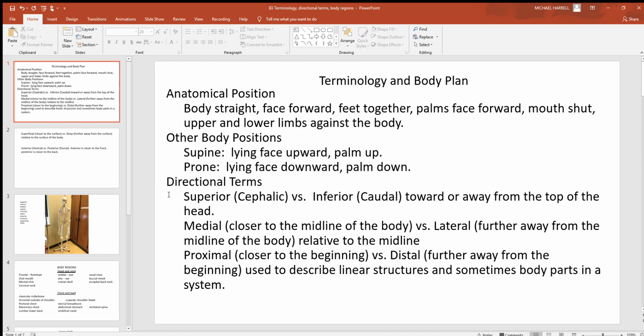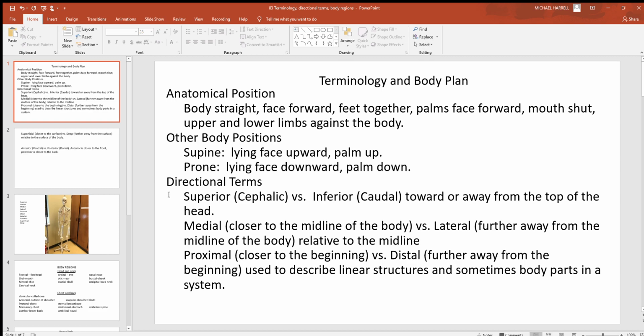Often where you hear these terms used throughout the book is to describe one body part in relation to another. So let's say you've got two body parts, your mouth and your nose. Look at those two things on your face and ask yourself which one is superior to the other and which one is inferior. Again, superior is closer to the top of the head.